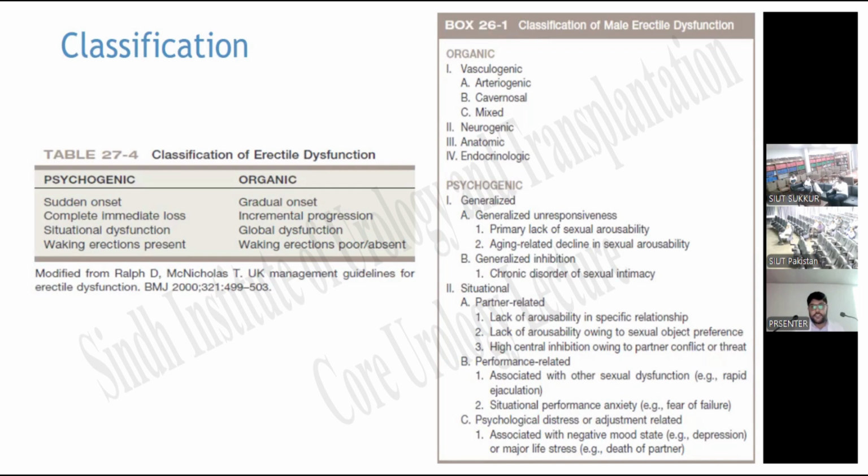Psychogenic: generalized unresponsiveness, primary lack of sexual arousability, aging-related decline in sexual arousability, generalized inhibition, chronic disorder of sexual intimacy.